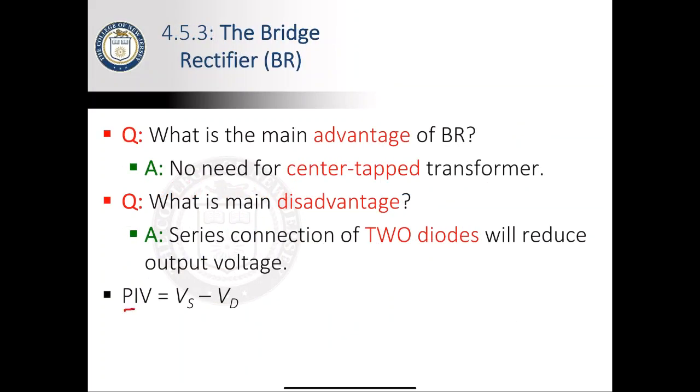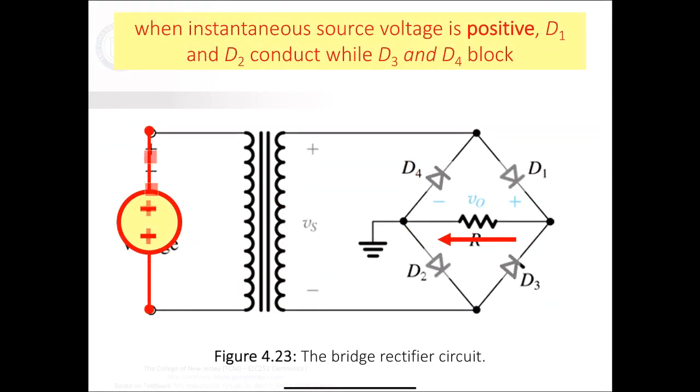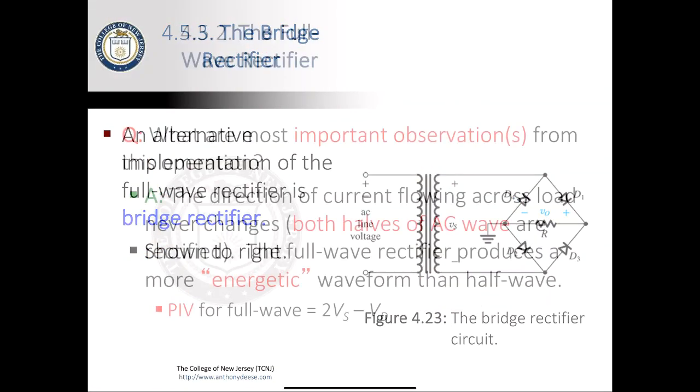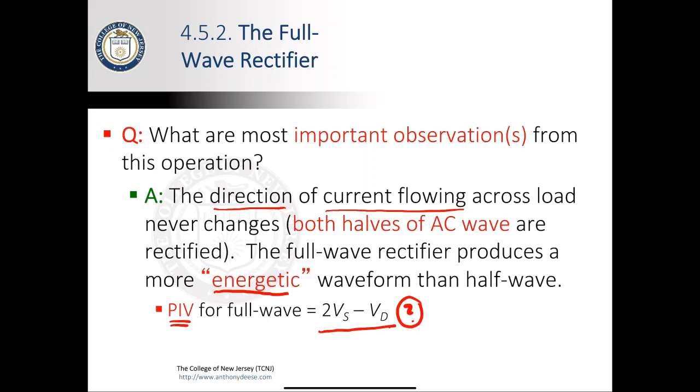Now, let's also talk about the peak inverse voltage. So the peak inverse voltage will be less per diode as compared to the center tap. So for the center tap version of this, the peak inverse voltage across each diode was 2Vs minus Vd.